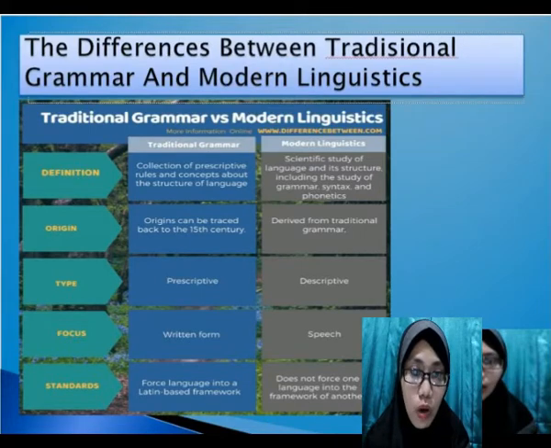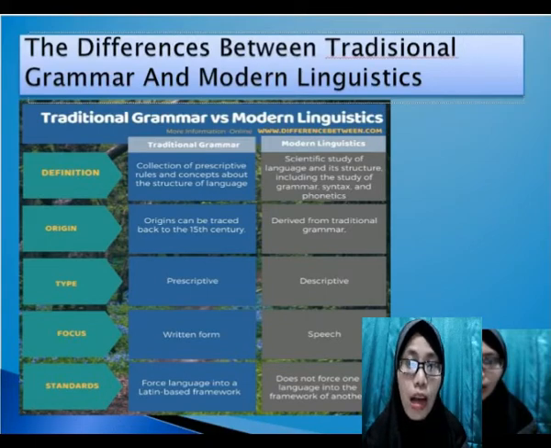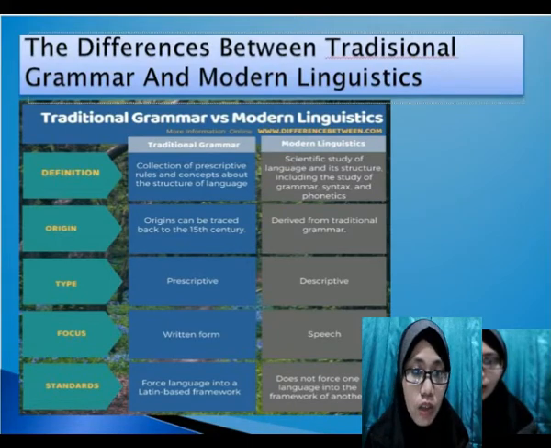Traditional grammar's origins can be traced back to the 15th century, and modern linguistics derived from traditional grammar. The type of traditional grammar is prescriptive, and the type of modern linguistics is descriptive.